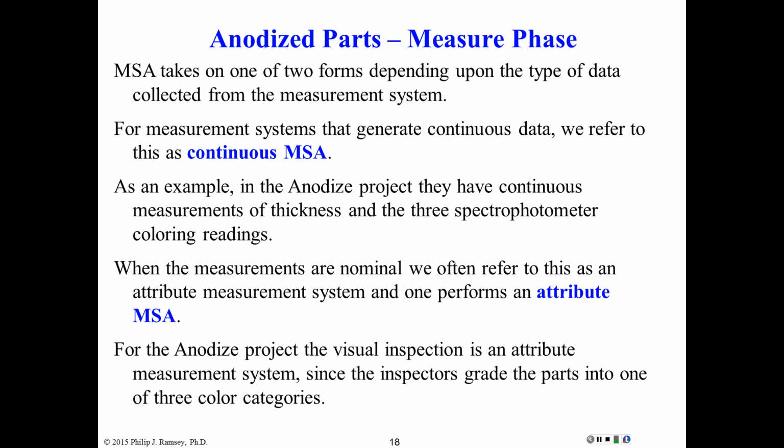The parts are inspected and somebody sorts them into the three categories. Attribute measurement systems are notorious for capability issues. So the team, looking forward, has to evaluate the measurement systems and decide if improvements are needed or if the systems are good enough as they currently exist.